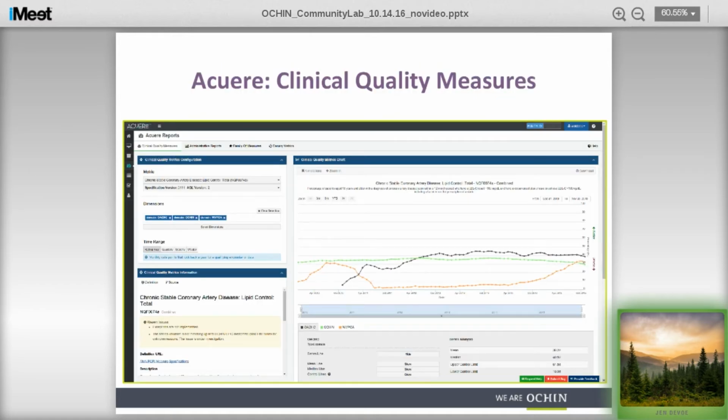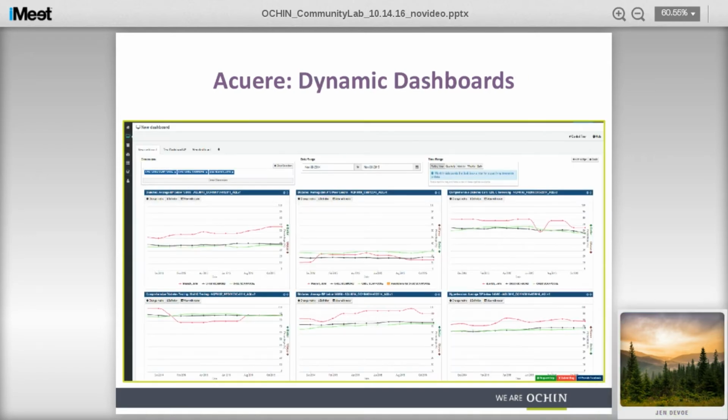These are a couple of snapshots of the ACA system, which is very interactive in real time. Point and click enables you to identify populations of patients, identify providers, identify metrics, and then look at them over time and compare them provider to provider, clinic to clinic, across the network, and over time.